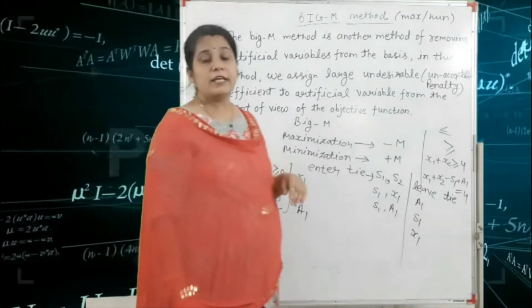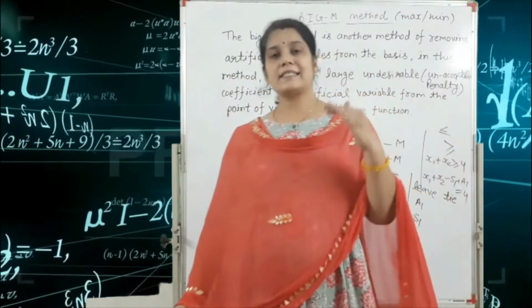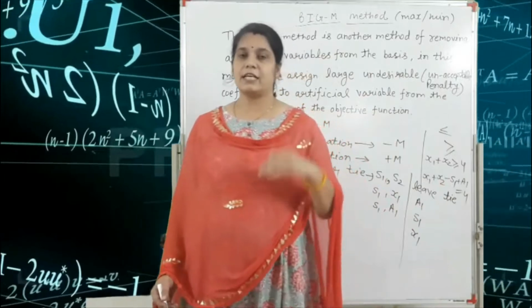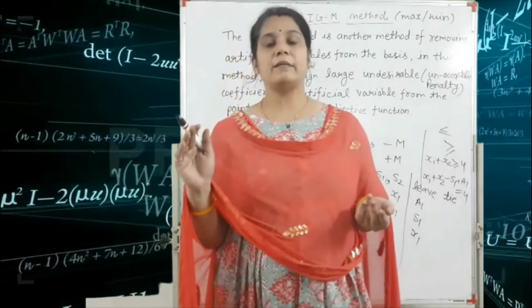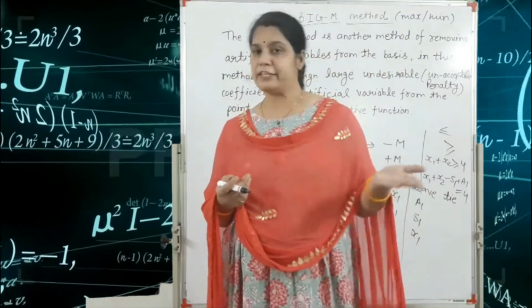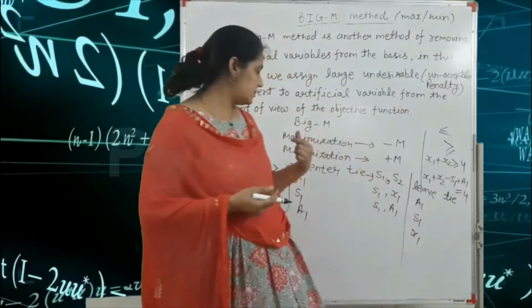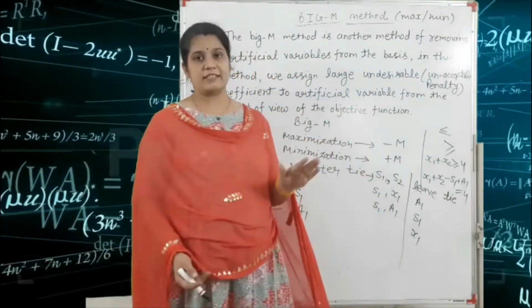That means if your question is given in minimization form, your last table Zj minus Cj is always less than or equal to 0, that means all the values are either 0 or negative. For maximize, Zj minus Cj is always greater than or equal to 0.